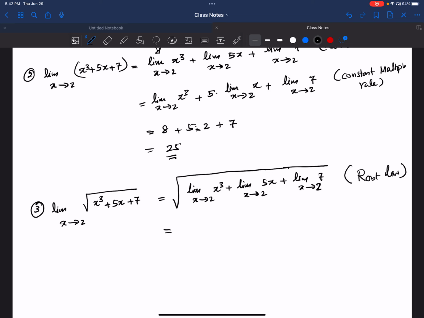From the previous example, this content is equal to 25. So its square root of 25 is 5. Okay.